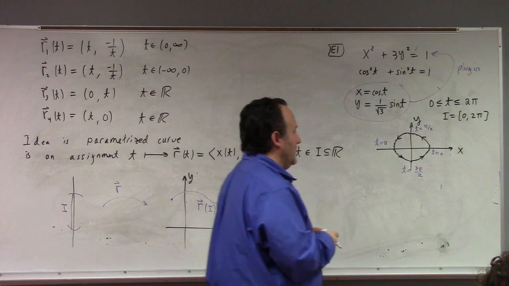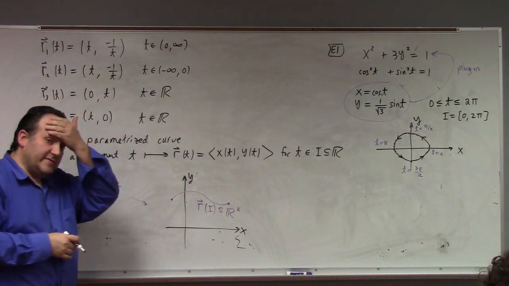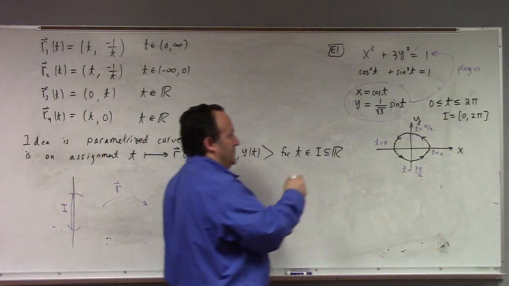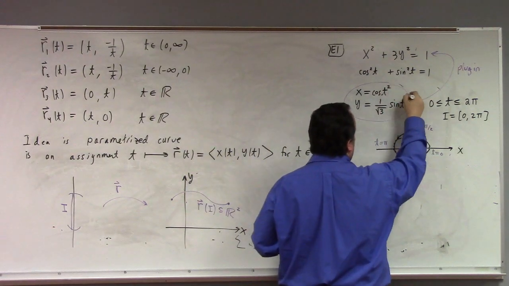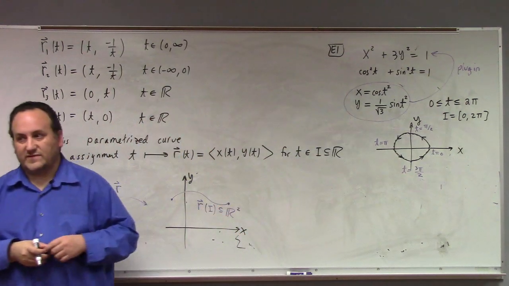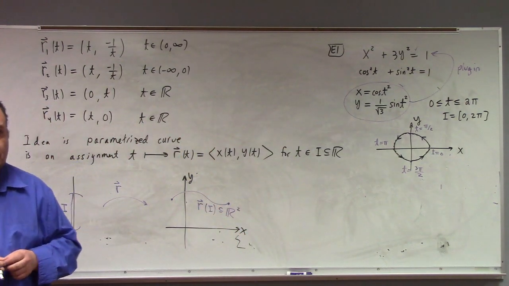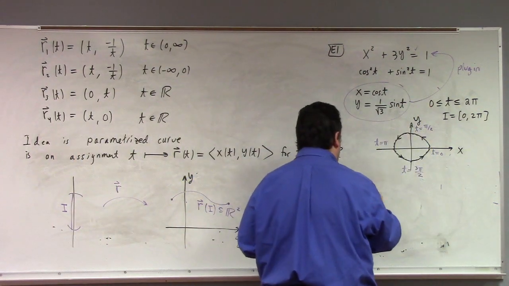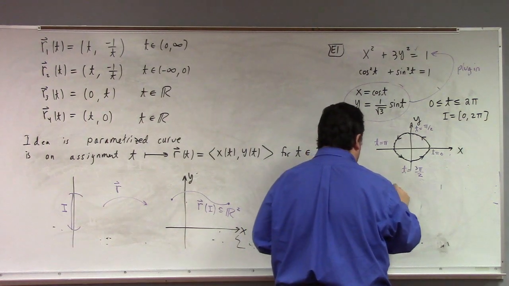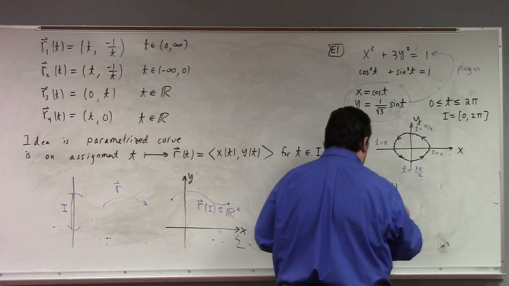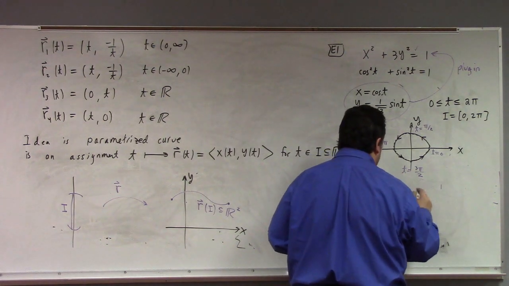All right. If you wanted to find another parameterization of this ellipse, you have many choices, right? One thing you could do, which would be kind of silly, is you could just put a square here. It still solves the equation. What's the difference? Let me write that as a separate example. So if we had x equals cosine of t squared, y equals 1 over root 3 sine of t squared, right?